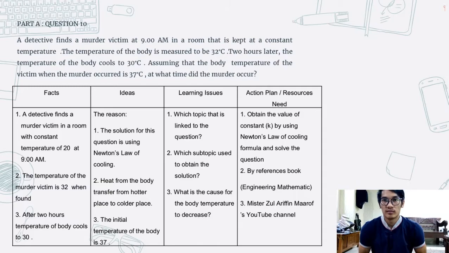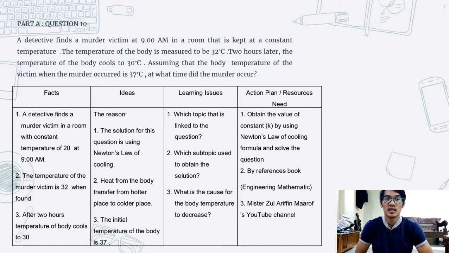The facts that we have obtained from the problem statement are: first, the detective finds a murder victim in a room with a constant temperature of 20 degrees Celsius at 9 a.m. Secondly, the temperature of the murder victim is 32 degrees Celsius when found.